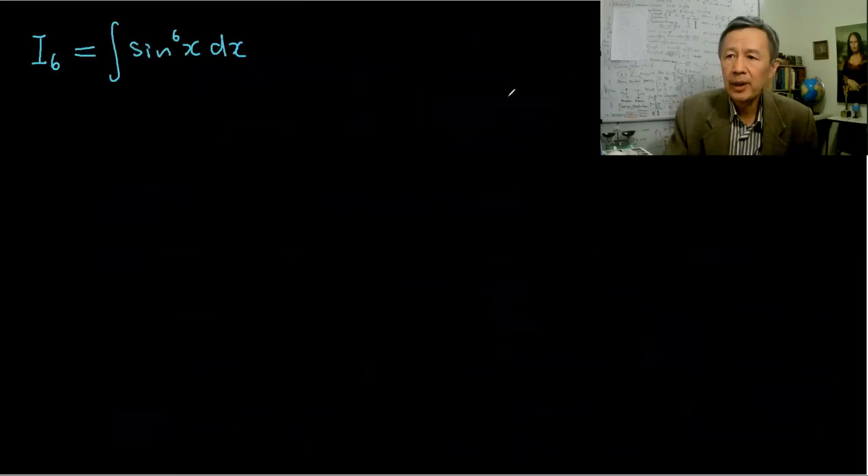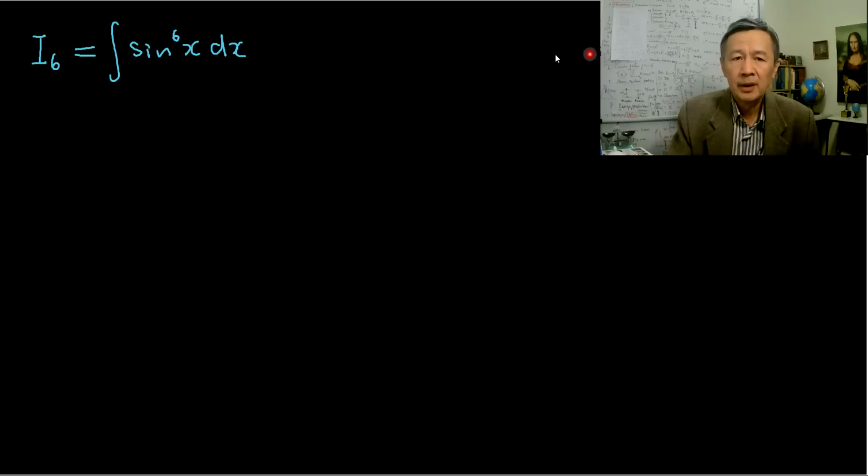The objective is to reduce this n. There are two ways we can reduce this number. One is to rewrite 6 as a sum of 5 and 1, and put this sine behind the d. That is the first strategy, before we use integration by parts.